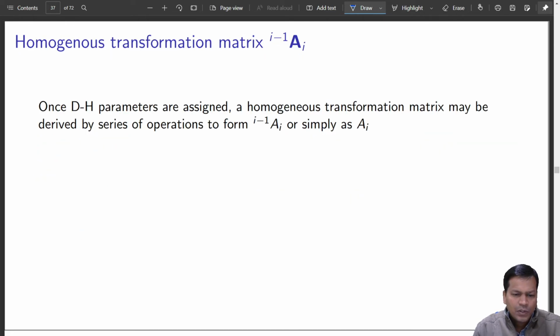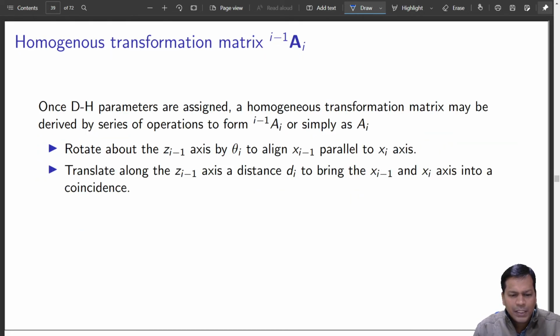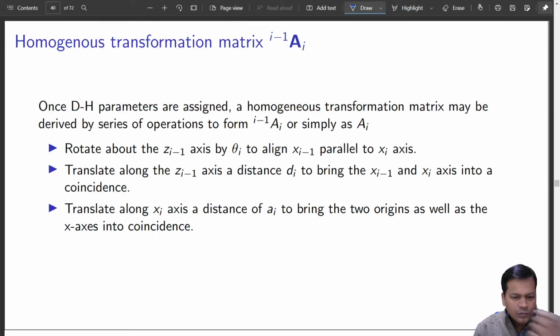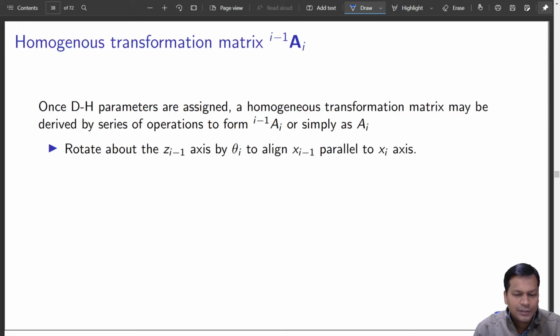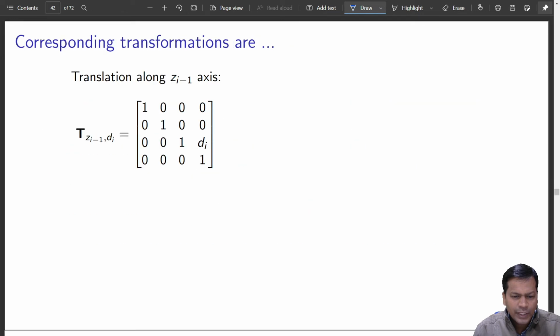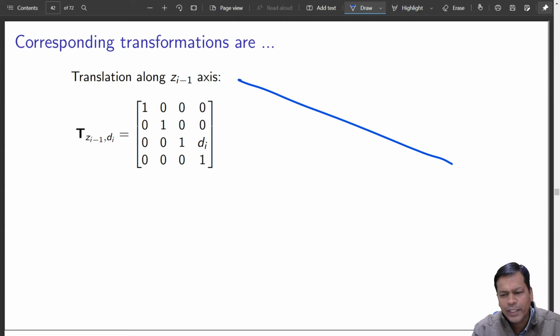Okay, now how is this done? Let me just go there and see. First, this was your first link and this is your second link. Both of them have some angle with respect to each other, that is theta i.